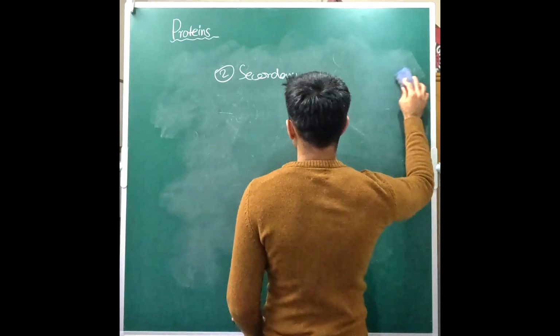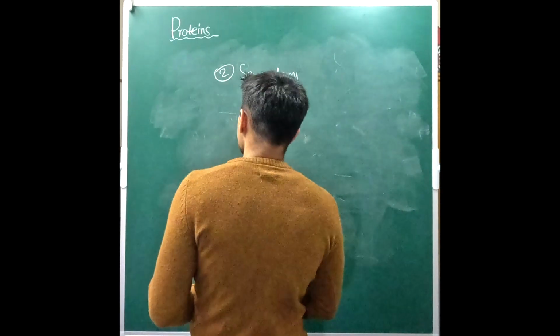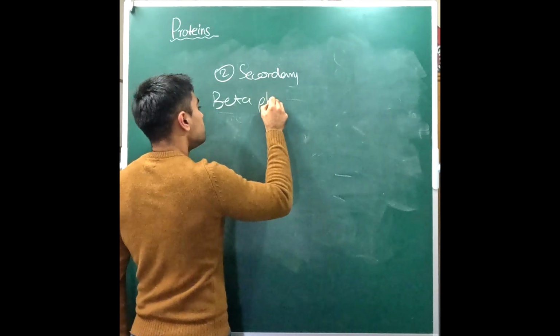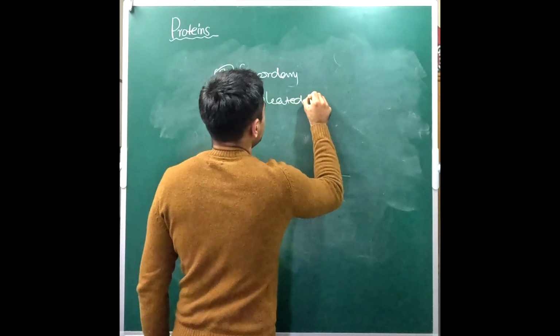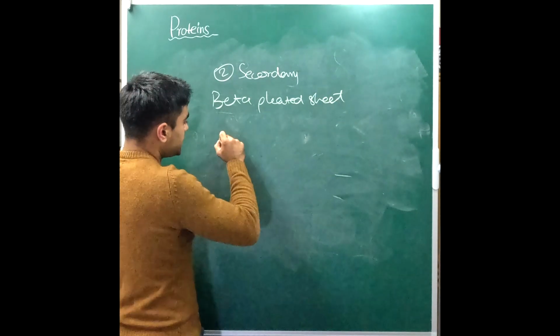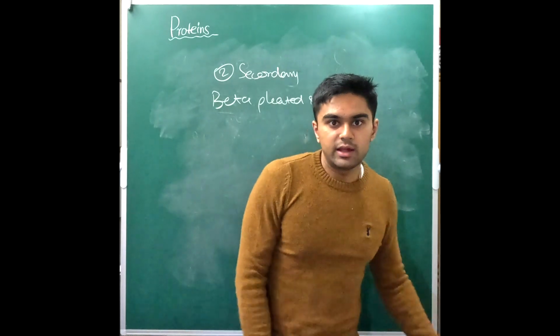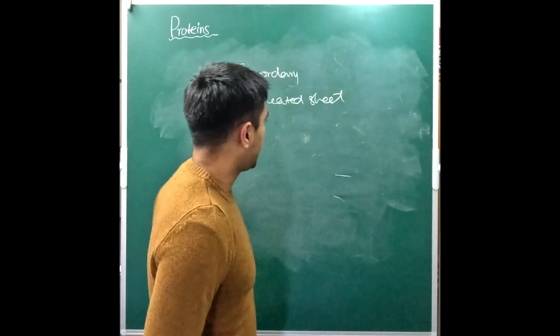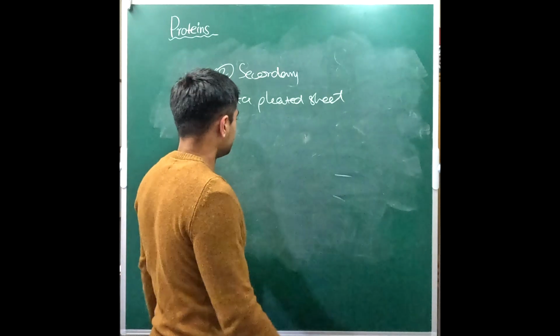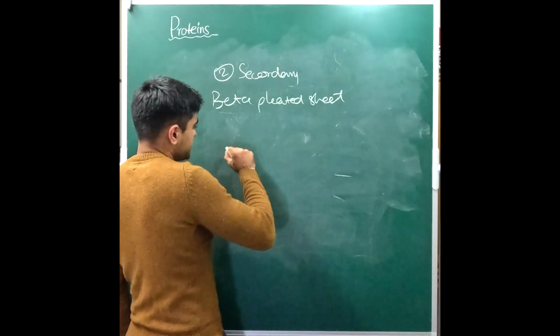Let's go over a beta pleated sheet, which is the second type of secondary structure, okay? How does a beta pleated sheet look? Now, if I wanted to complicate your life, I could draw a lovely complex structure, which you don't need to know. But I won't, so I'll just draw a simplified structure.